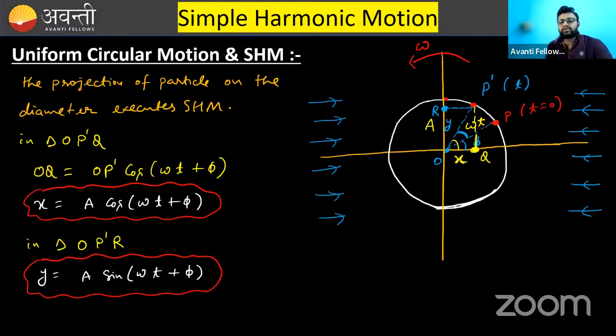So these two equations show that the projection of the particle on the x and y axis, or on the diameter, represents SHM. Is it clear? The projection of the particle on the diameter represents SHM.